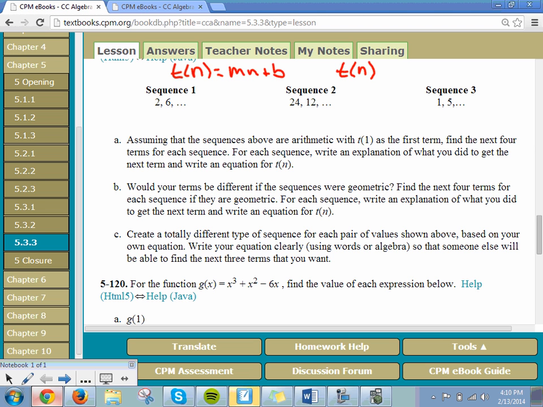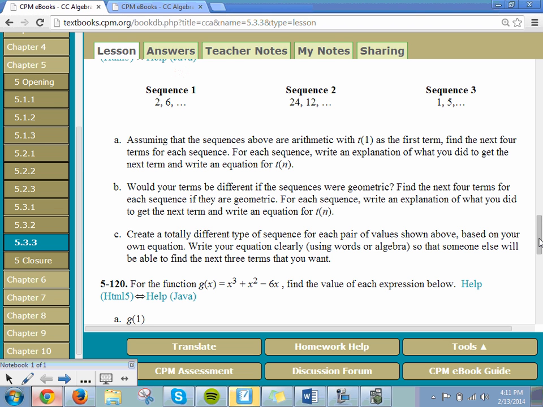But when we're geometric, it's going to be your 0 term, t of 0, times your rate to the n. So our geometric equations are going to look much different than our arithmetic equations.